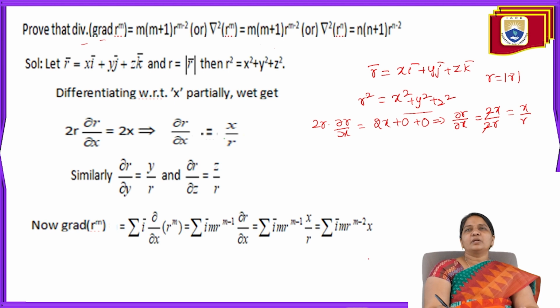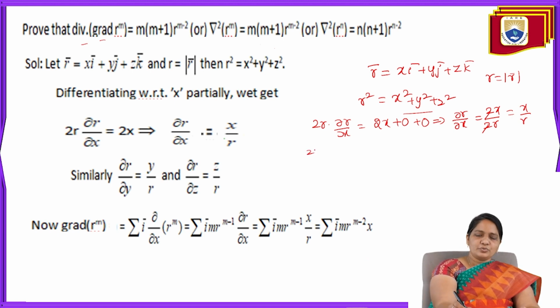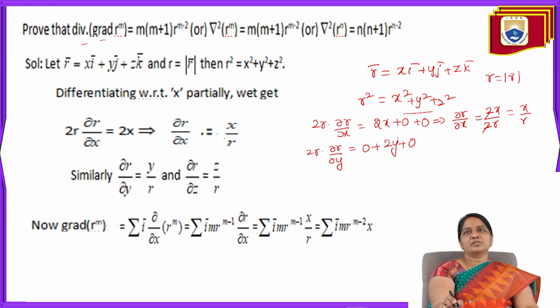Next, we are doing with respect to y. 2r into dou r by dou y. Here x square, the x is constant, so this is 0, plus y square is 2y, plus z square is 0. So finally dou r by dou y is equal to 2y by 2r. This is y by r.